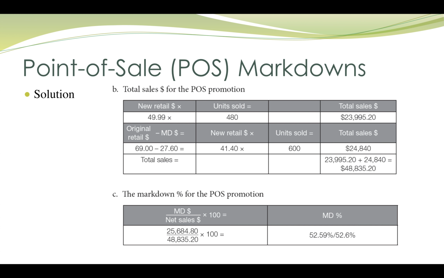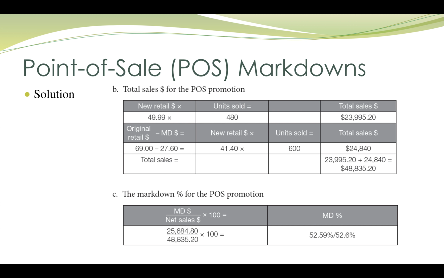Now, the next step in the problem, B, total sale dollars for the point of sale promotion. $49.99 times 480 units sold gives us the total sales of $23,995.20.